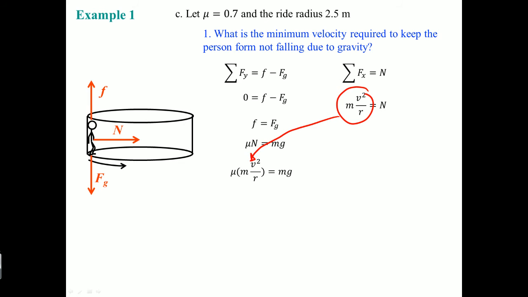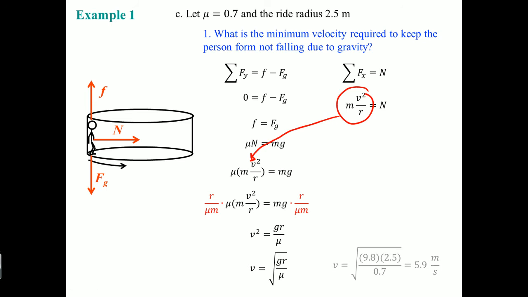Once we plug it in, we can solve for v squared. V squared is equal to gr over mu. Take the square root, plug in the values, and you see it as 5.9 meters per second. This is the minimum speed required to prevent the person from slipping.